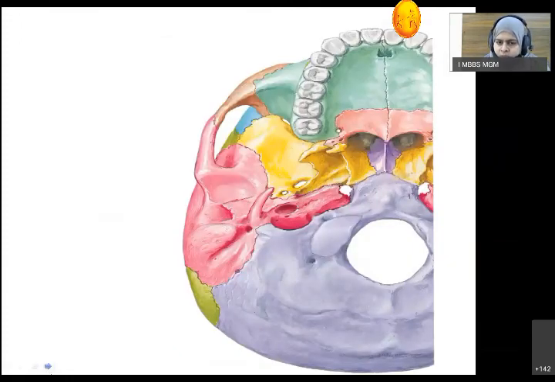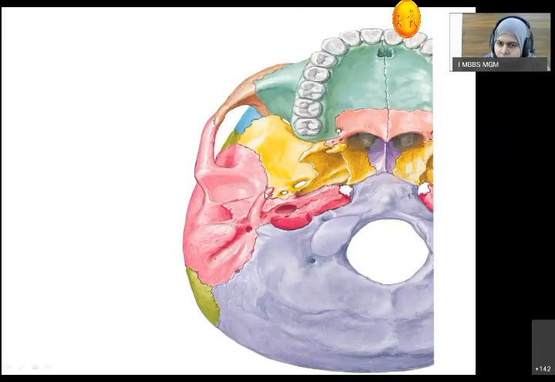Again, in this picture, you can appreciate the structures on the lateral aspect of the middle portion of norma basalis. This is the tympanic plate, which is forming the floor and anterior wall of the external acoustic meatus. This is the tympanic plate, which is triangular in shape.